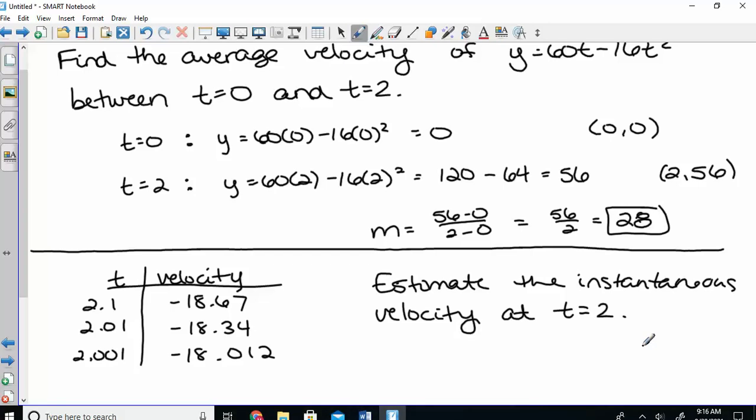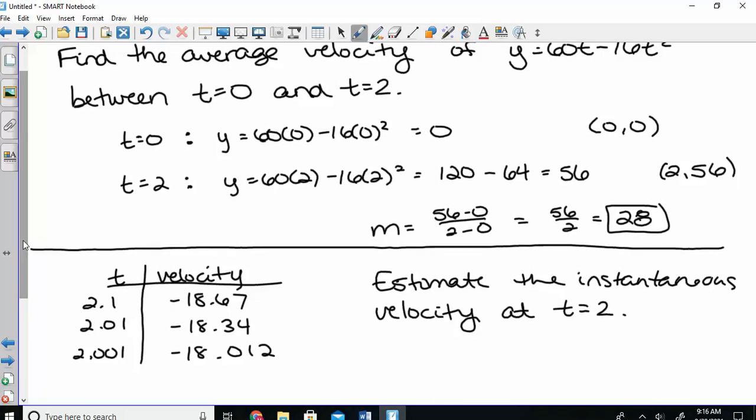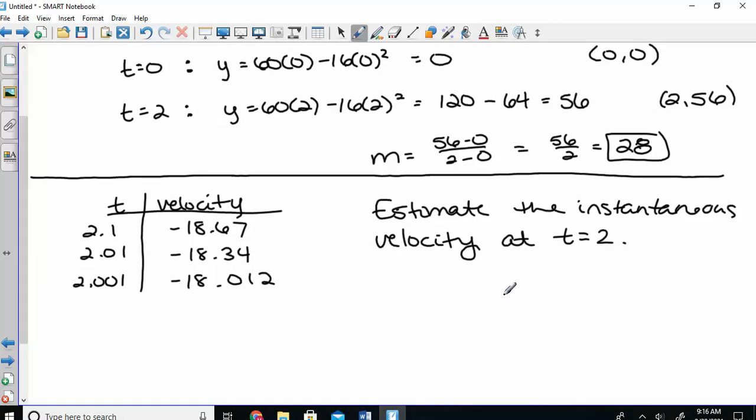Average velocity is a slope. Instantaneous is like that limit, what we're approaching. And so we had to find it by looking at the table of values, plugging in numbers closer to it. So what would you estimate this instantaneous velocity to be? -18. Okay, do you guys understand the difference between average and instantaneous?